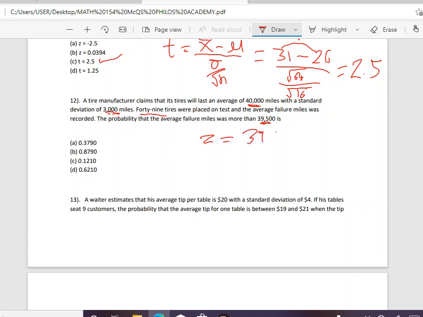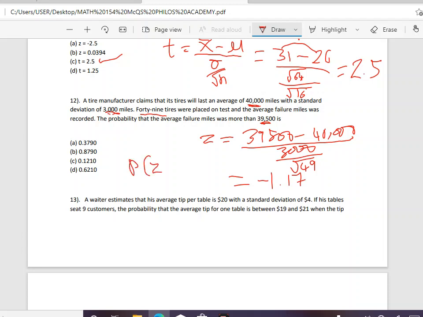So 39,500 minus 40,000, which is the population mean, divided by the standard deviation, 3,000, divided by square root of 49. So when you input this on your calculator, you get a negative 1.17. You are getting a negative answer here because the sample mean is less than population mean, remember.